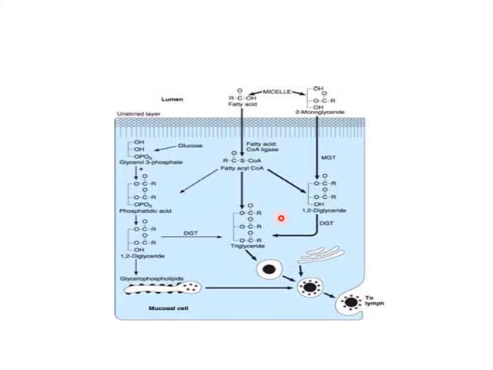Inside the intestinal mucosal cells, most of the triglyceride is formed by acylation of 2 monoglycerides and it takes place in smooth endoplasmic reticulum. Some triglyceride is also formed by acylation of glycerophosphate.